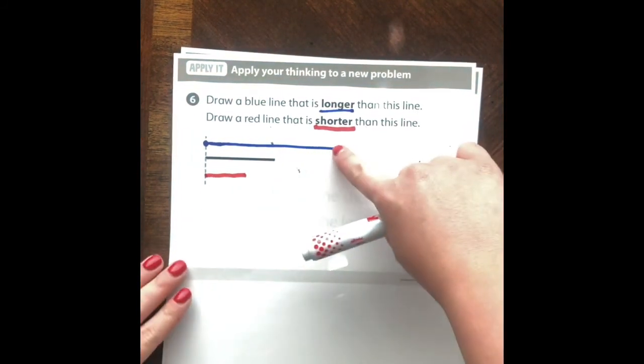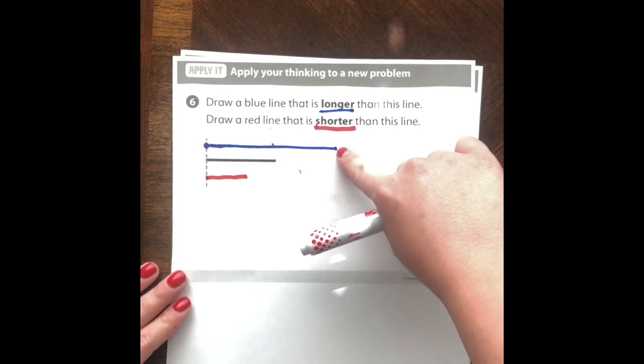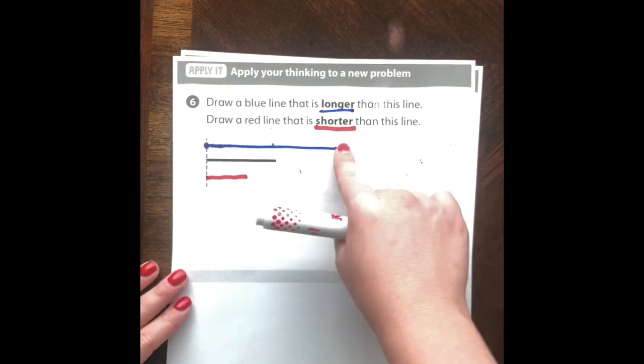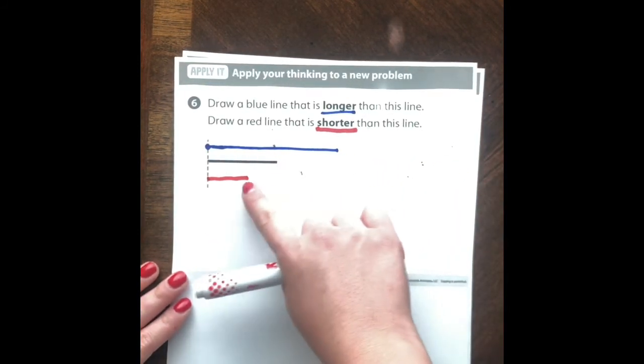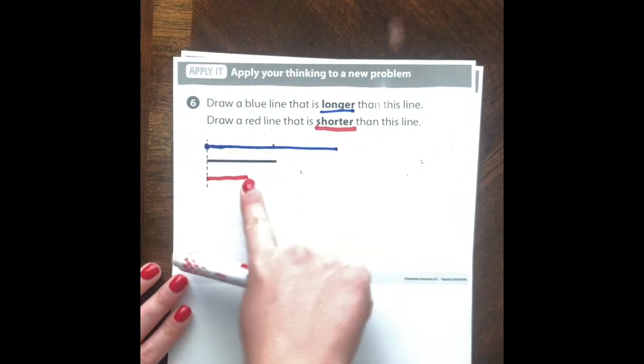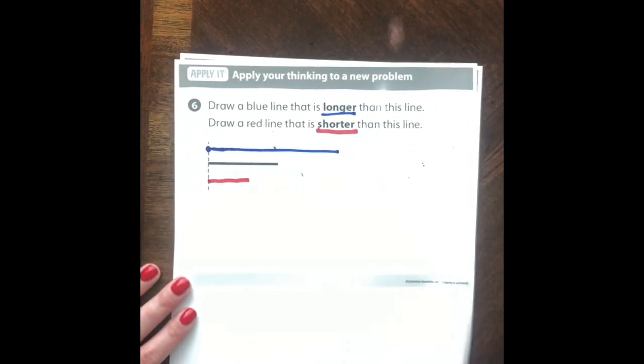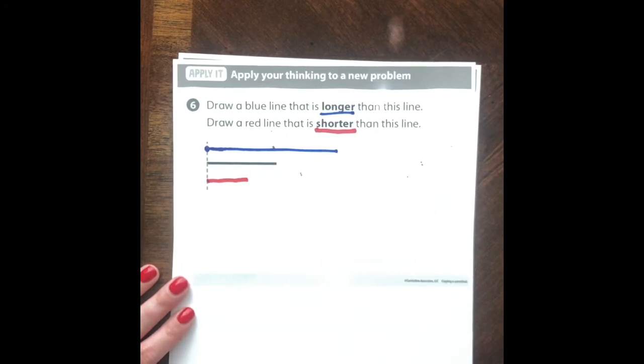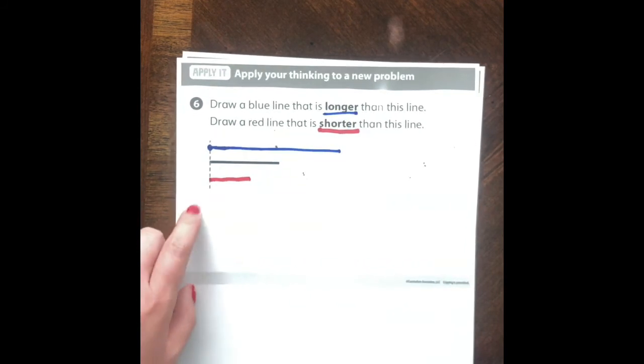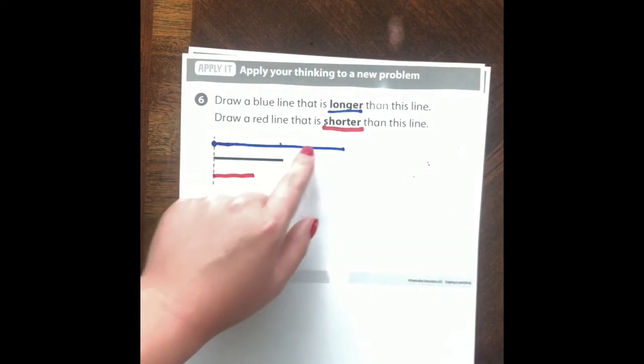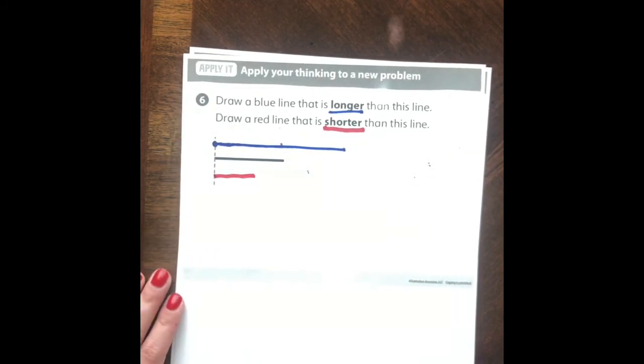We know our blue line sticks out the furthest. We know this one sticks out the most. And then this one, and then our shortest line here. It does not stick out very far. Lining up the edges helps us compare these lengths. They all need to start at the same place, and they all are going to end at different distances.